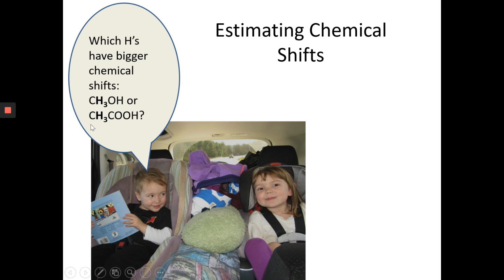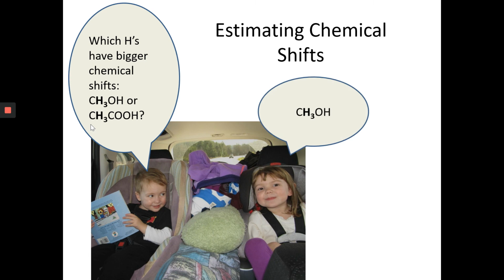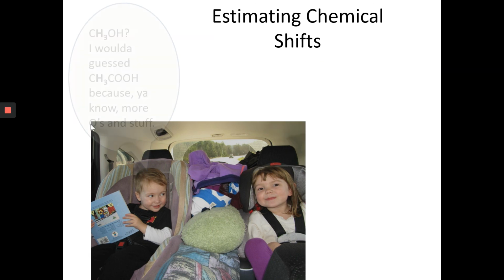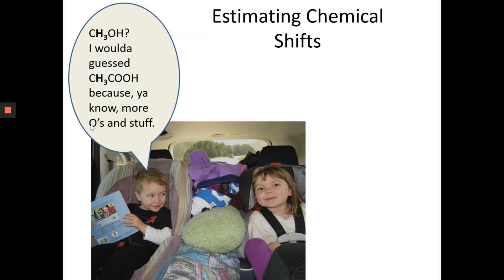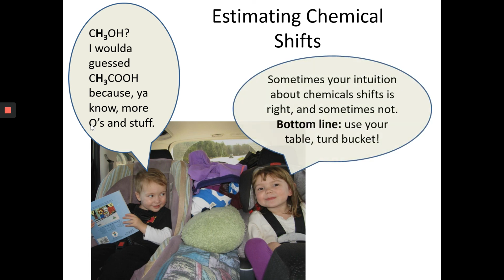Which one do you think is going to shift further to the left? Maybe you guessed, maybe you looked at your table, maybe you're just waiting for the answer. Interestingly, it's CH3OH, methanol. Anders says CH3OH. I would have guessed the other one because there are more O's. Yeah, that's maybe a good guess.